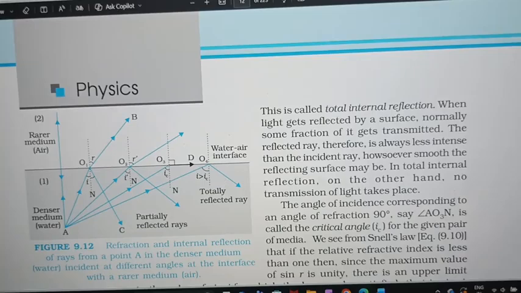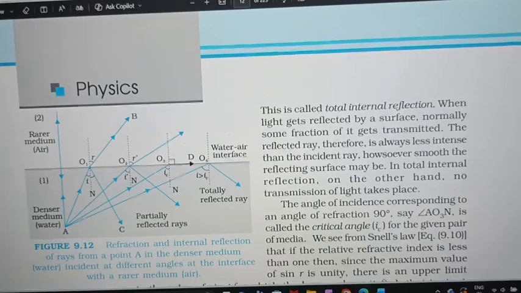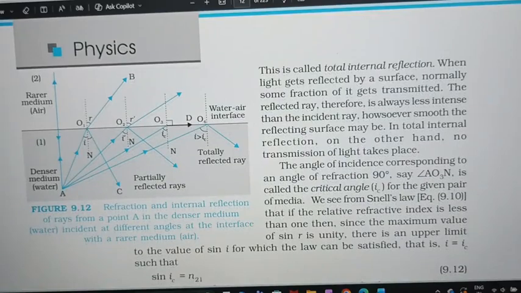That is what they are saying in this paragraph. And as we already know, the angle of incidence corresponding to the angle of refraction of 90 degree, that angle will be called the critical angle for the given pair of media.